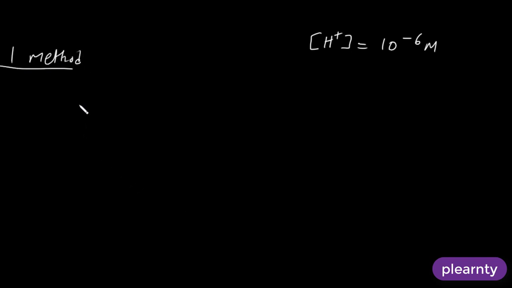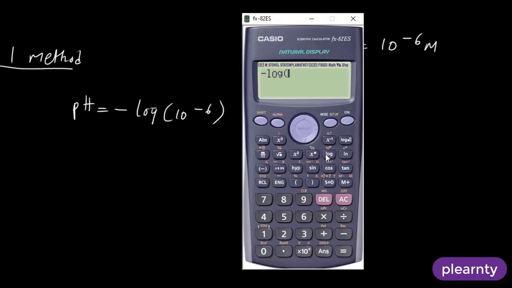We first have to find the pH, and pH is equal to negative log of hydrogen ion concentration. In this case, that will be minus log of open bracket 10 raised to power minus 6, close bracket, which is equal to 6.